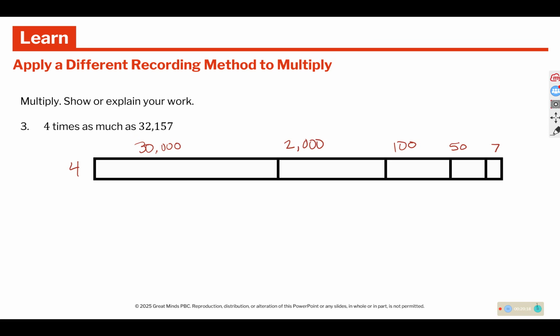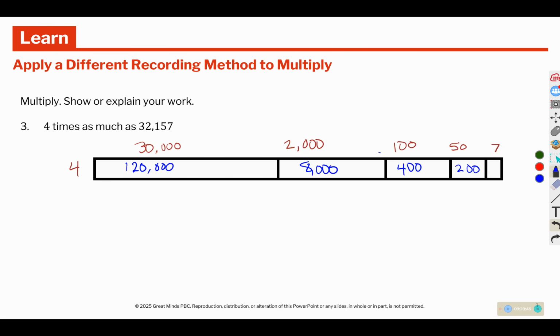Let's try the area model. 30,000 times 4, well, 3 times 4 is 12, so 30,000 times 4 is 120,000. Then we need 2,000 times 4. 2,000 times 4 is 8,000. 100 times 4 is 400. 50 times 4 is 200.